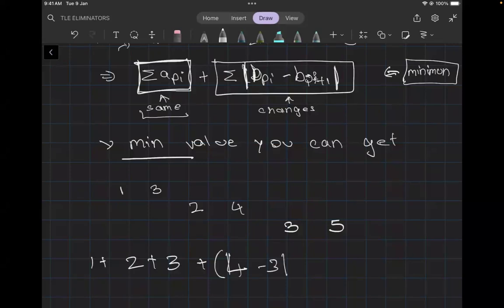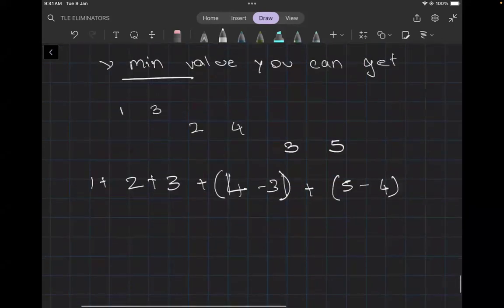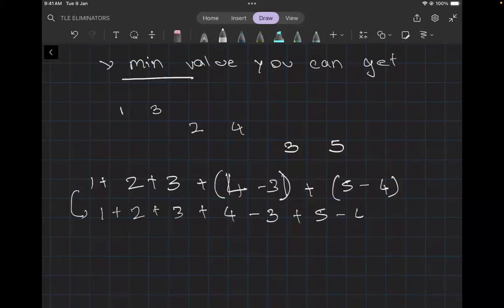I'm just removing the absolute. 3 minus 4 absolute is 4 minus 3. Then it is 5 minus 4. If you actually expand, this is 1 plus 2 plus 3 plus 4 minus 3 plus 5 minus 4.